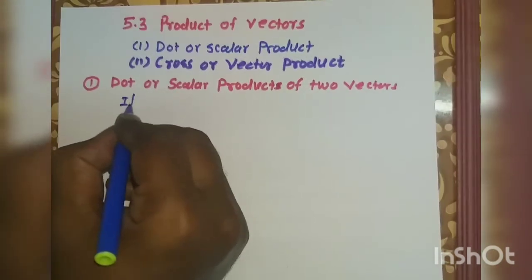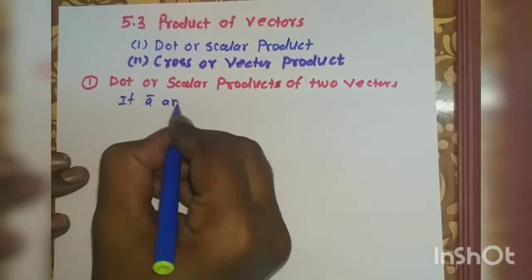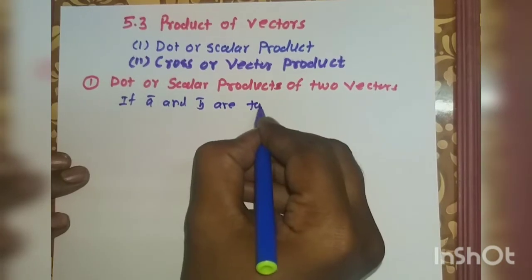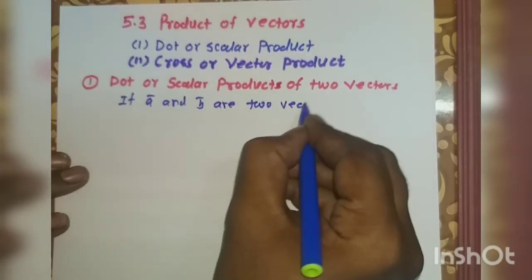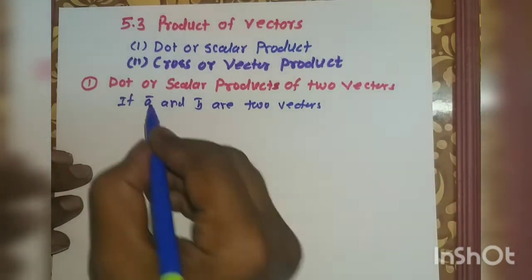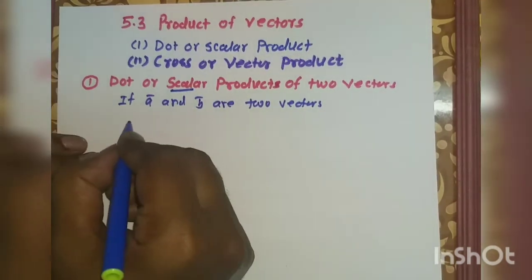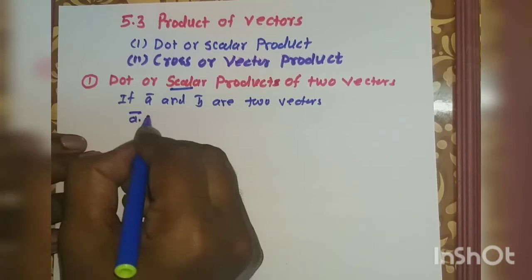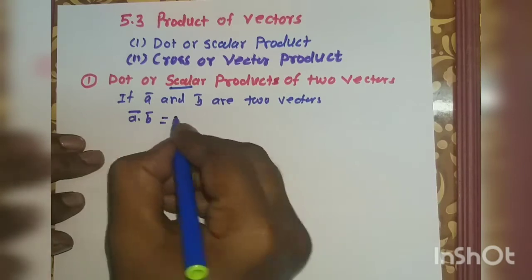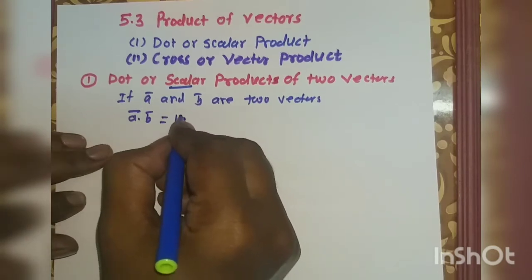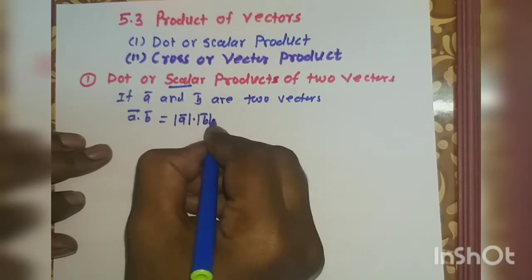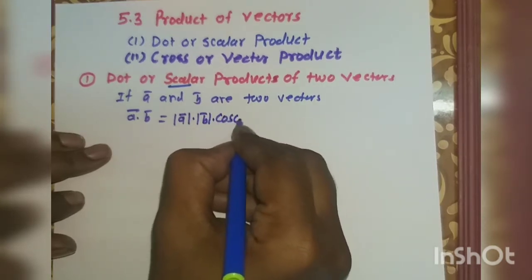If a bar and b bar are two vectors, then its scalar or dot product is denoted by a bar dot b bar and defined as the magnitude of vector a bar into magnitude of vector b bar into cosine of theta.